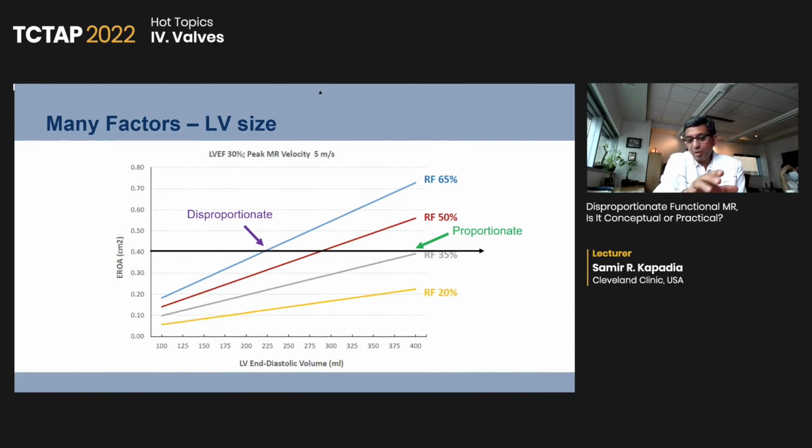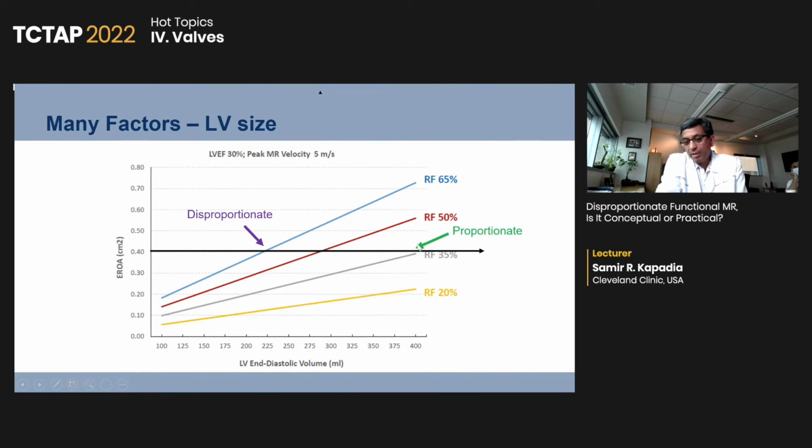If you look at the LV end-diastolic volume and EROA, and you make the EF constant, so EF is 30%, and the blood pressure stable, meaning the peak MR velocity of 5 meters per second, so the blood pressure is the same. Now if you ask what is the regurgitant fraction, 20%, 35%, 50%, 65%, then if EROA is 4 and you have a very large regurgitant fraction, you would consider it disproportionate, meaning that the MR is more important.